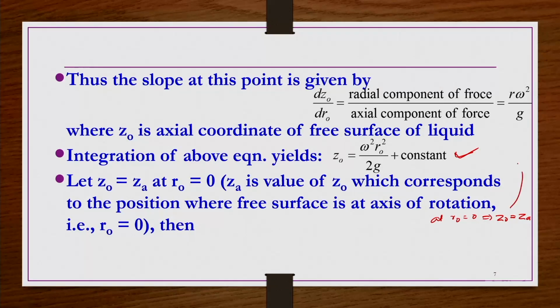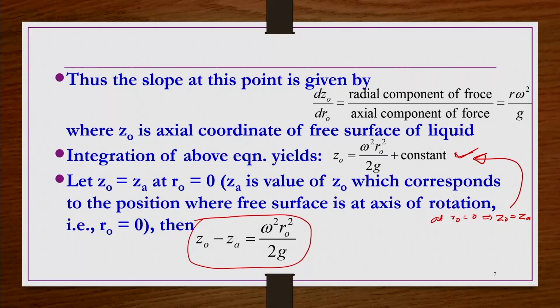When you substitute this into the equation, you get the constant equals ZA, and then simplifying, you can write this equation as Z naught minus ZA equals omega square R naught square by 2G. This is the equation that represents the free surface of a fluid layer under centrifugal action.